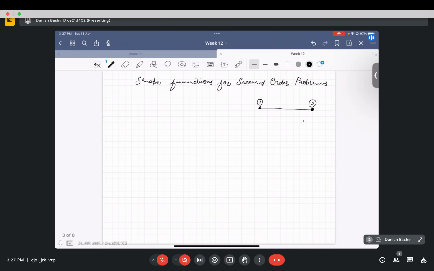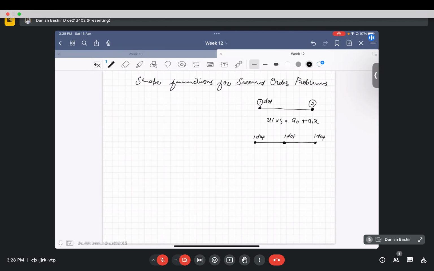So we chose the polynomial u of x to be equal to a naught plus a1 x. So there are two unknowns, and there are 2 degrees of freedom. If we now have a three noded element like this, one DOF is here, one more DOF and one more DOF.